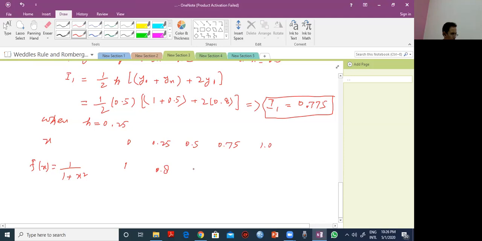At 0.75, it is 0.64, and when x is 1, it is 0.5. Then after making the table, we write y0, y1, y2, y3 and yn.